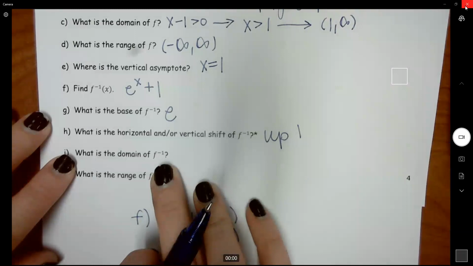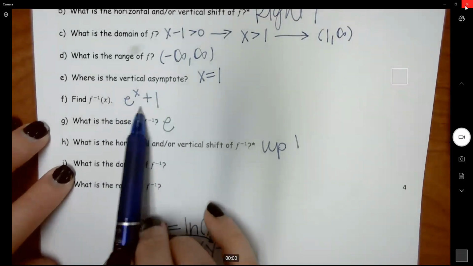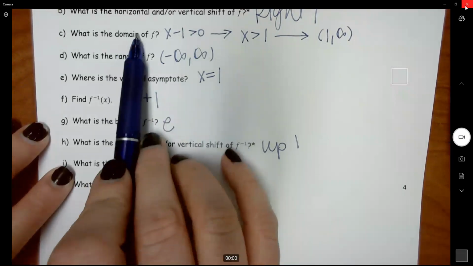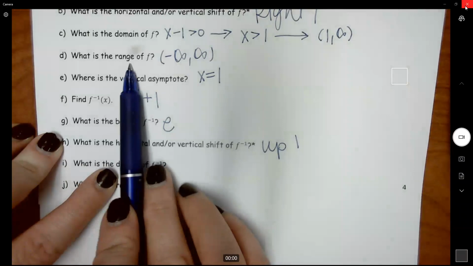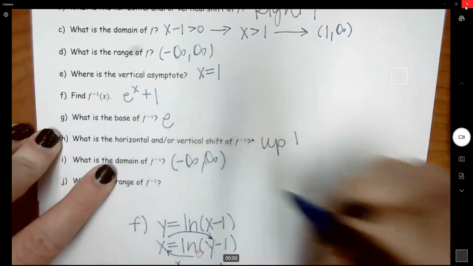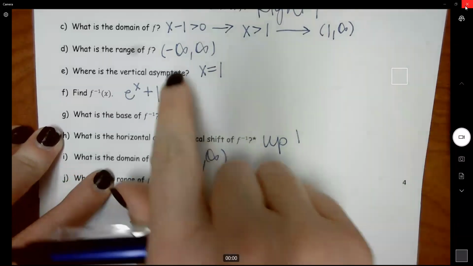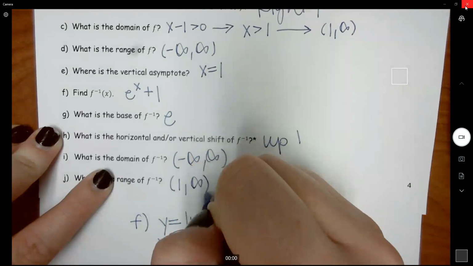What is the domain of my inverse? You can either use your graphing calculator and graph this, or you've already done it up here. The domain of your inverse is the range of your function. So this is -infinity to infinity, and the range is the same as my domain, so 1 to infinity.